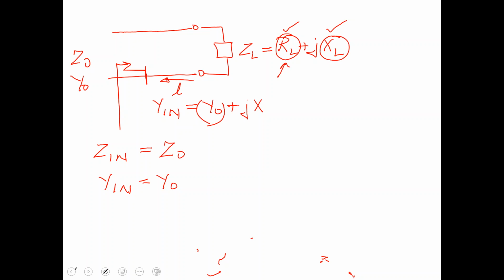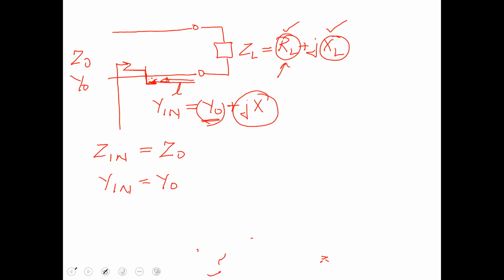The first control comes from how far I have to go back. And you decide to go back to a distance where the real part of the admittance becomes equal to that of the transmission line, and then you live with whatever is the imaginary part. You have no control on it. You just go back to a point where the real part becomes equal to Y naught, and you are left with whatever is the value of the imaginary part.